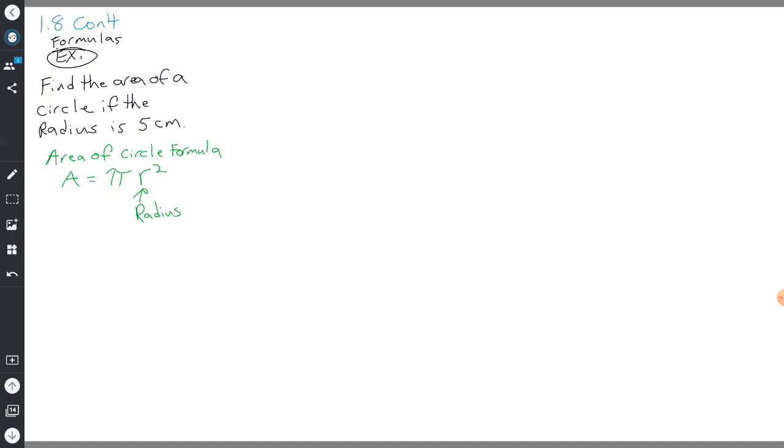Now, radius, if you look at the figure in here, the radius is half of the circle. So if we are looking at the circle here, and then the center, this would be r.